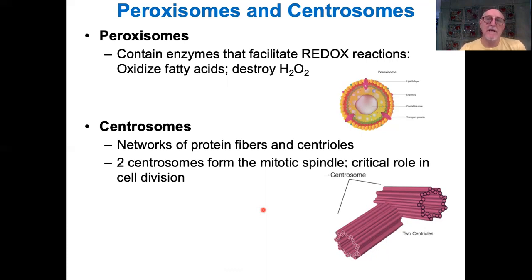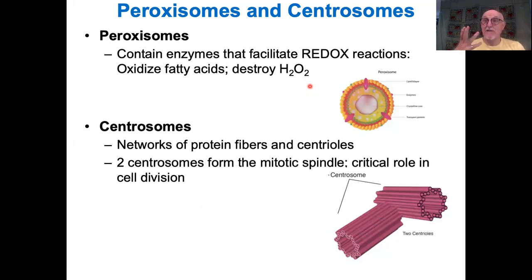Oxygen itself is very dangerous. It's a very dangerous element. It reacts with many biological molecules and destroys them. But the cell also produces different kinds of oxygen species, O3 and all sorts of things, which are also very, very damaging. And one of the common products of these processes is this substance here, H2O2, which is hydrogen peroxide. And hydrogen peroxide is very damaging.